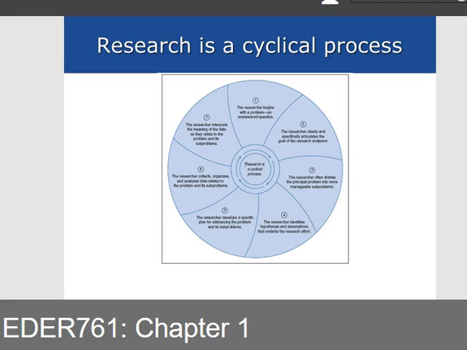this may be an area where you can better understand the research process, so that when you are a consumer of research, you understand where this information comes from, how it's developed, how it's evolved, and how it's come to be.